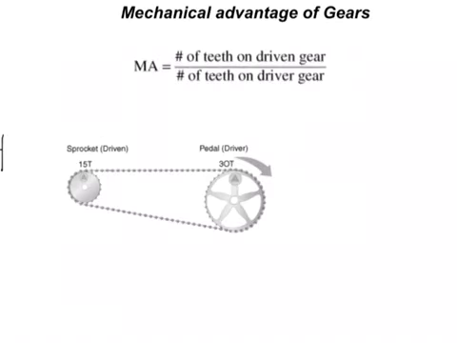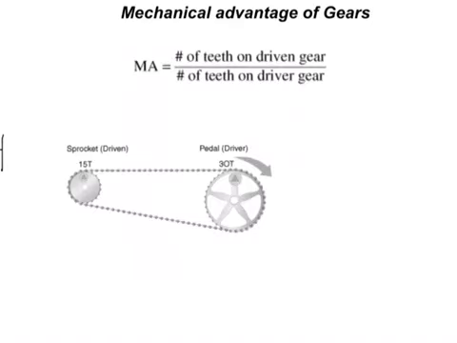The mechanical advantage of combining gears together is a little bit different, and gears are basically wheels and axles with teeth on them. So the mechanical advantage of gears working together is the number of teeth on the driven gear divided by the number of teeth on the driver gear.